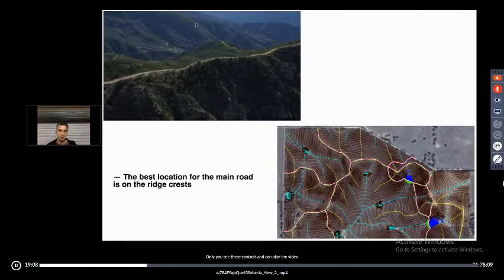So what happens with water? Actually, the roads are water harvesting structures as well. And for reference, on the bottom right image, there's something that I got from Darren Doherty. You can see a topographic map, and on that map there are these red and white lines that are following the ridges.